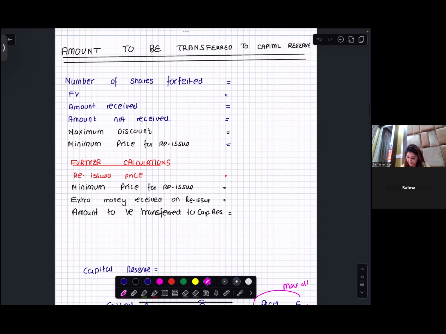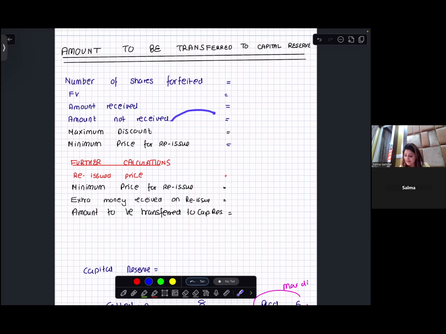Let's say, for example, I'll take you to a past paper question to decide the amount to be transferred to capital reserve. You need to learn this format to decide the amount to be transferred to capital reserves. Number of shares forfeited, face value. Amount received would give you the maximum discount.